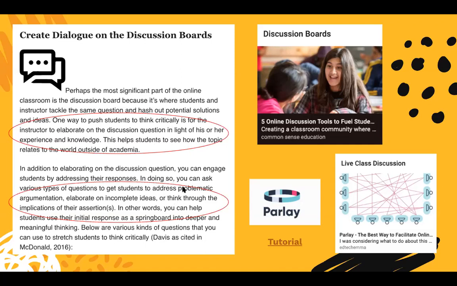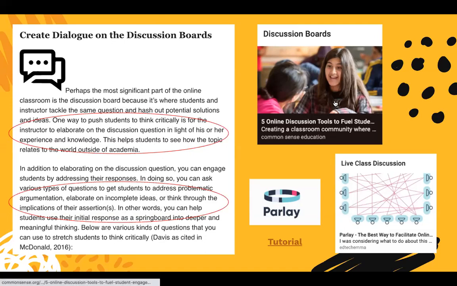And then I encourage you to consider this statement down here. In doing so, you can ask various types of questions to get students to address problematic argumentation, elaborate on incomplete ideas, or think through implications of their assertions. So again, pushing them to think.